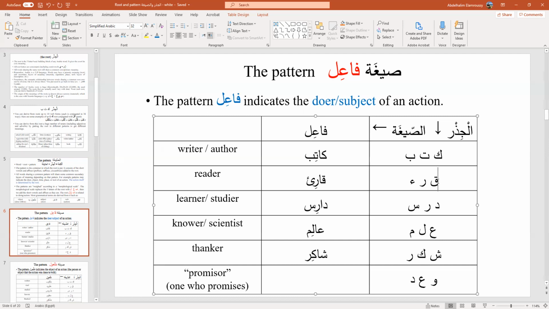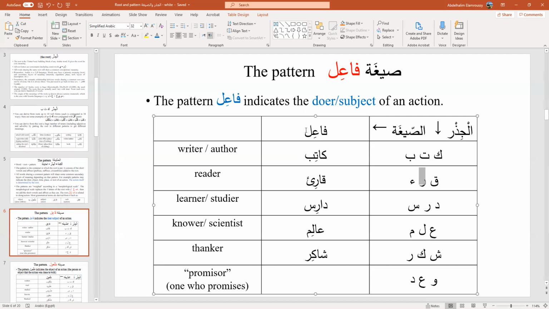You will replace the fa with the first letter of the root, which is the qaf, R1. You will replace the ayn with the second letter of the root, which is the ra, or R2.